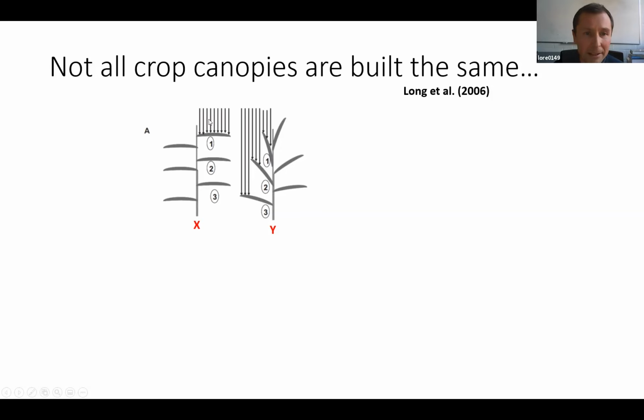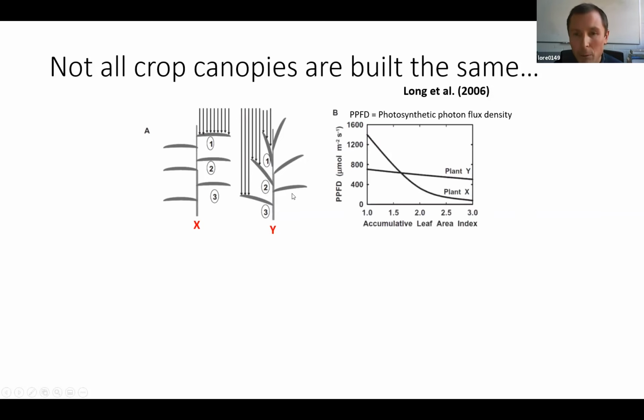In plant X, you can see that all the sunlight is hitting that top leaf, okay? In contrast, in plant Y, the sunlight is more uniformly distributed throughout this plant, and it's hitting different leaves up and down this main stem here. And the reason why that matters is because, well, let me kind of skip this slide.